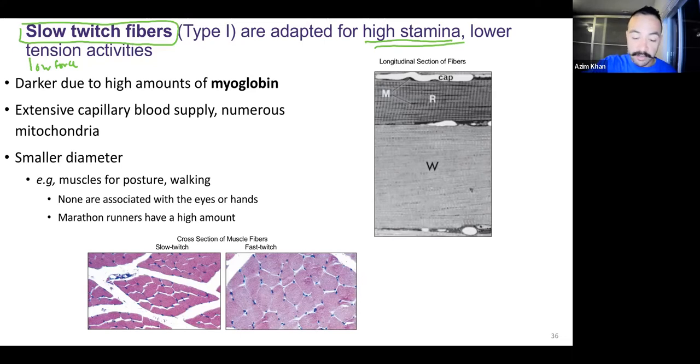Structurally, they are different. We can see that slow twitch muscle looks darker. This is a cross section of muscle fibers. I shouldn't have labeled that as myoglobin. Let me do that again. So there's a single muscle fiber. They appear darker.